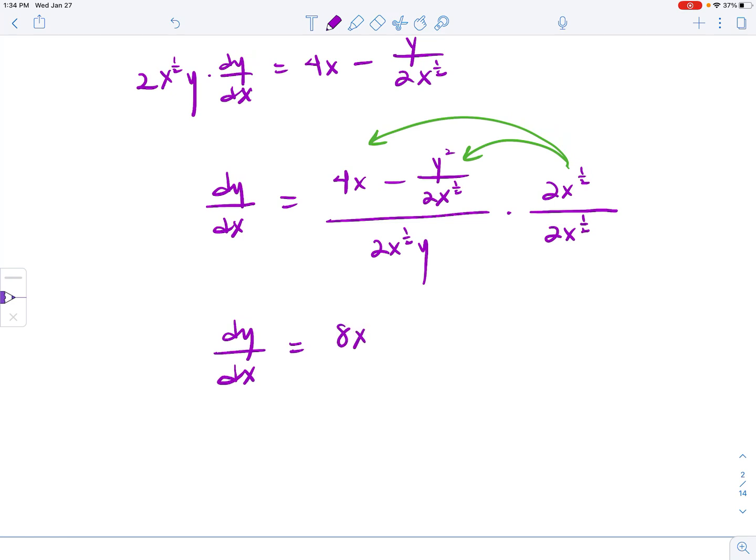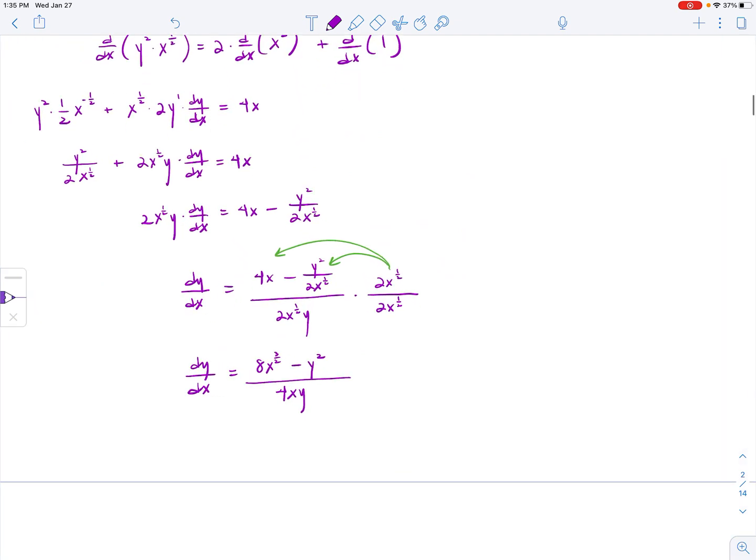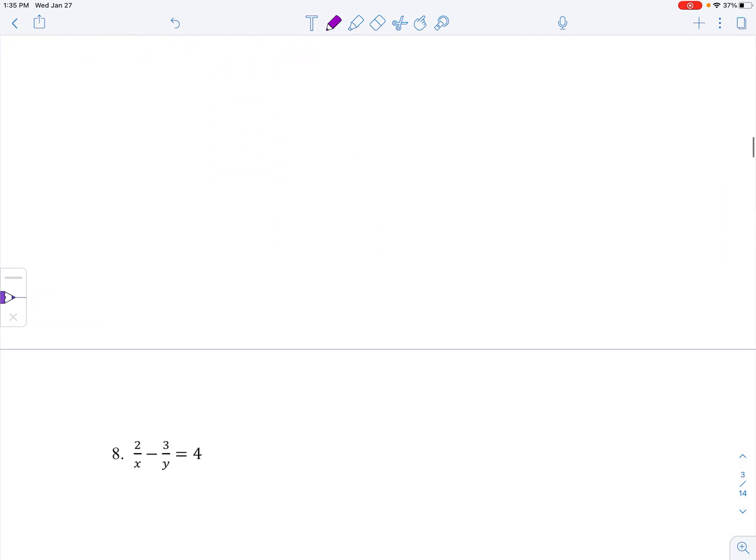And thinking about distributing to each term that's in the numerator, we would have 8x to the 3/2 when we add the exponents together, minus y squared over, that'll be 2x to the first power because 1/2 plus 1/2, oh, it would be 4x, right? 1/2 plus 1/2 is 1, so 4xy. Okay?